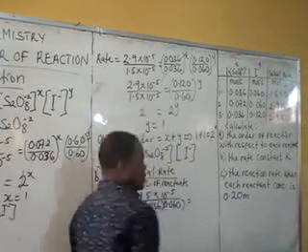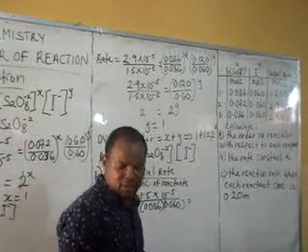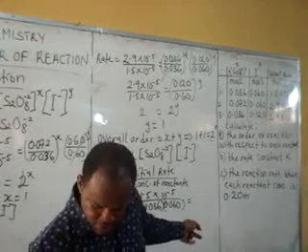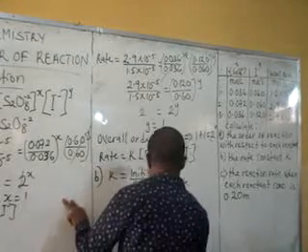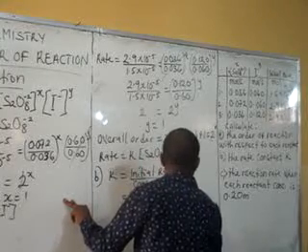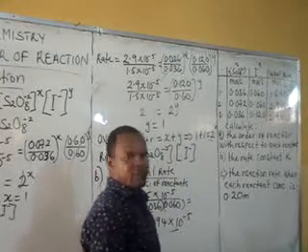So to solve this, I think your answer will be 6.94 times 10 to the power minus 5. That is what you have here.